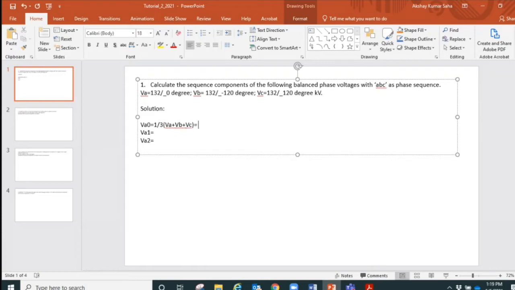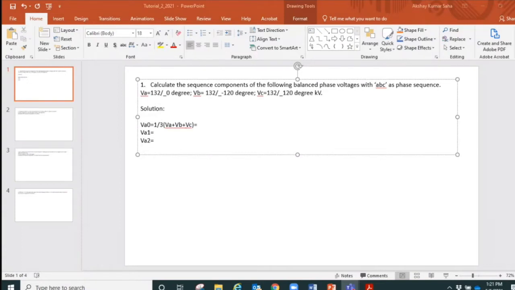You should now be able to substitute those values of VA, VB and VC and tell me the answer when you have it. It should not take more than 2 minutes from now. You write, you do this calculation.